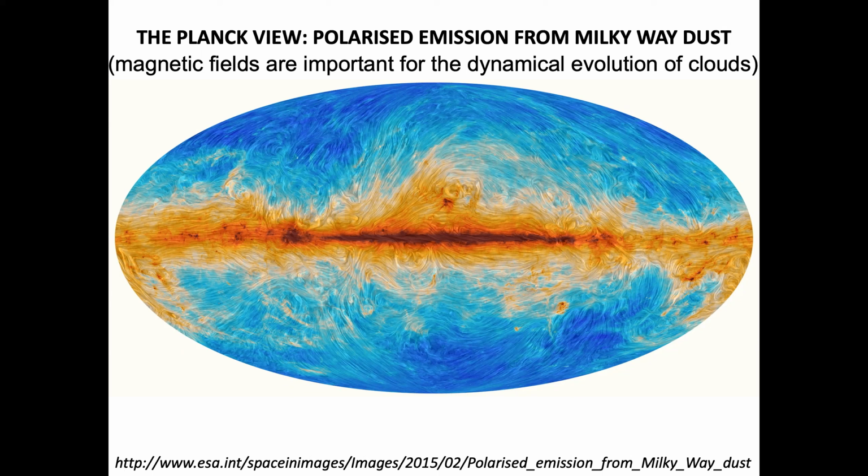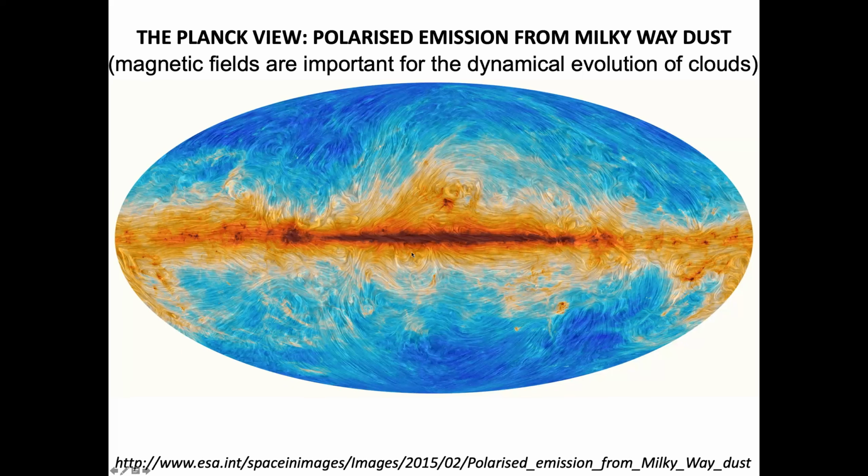We cannot forget them when we make models, but also when we try to connect the chemistry with star formation, etc. Because in fact, the magnetic field can affect a lot, as we will see, the collapse and also the formation of protoplanetary disks.